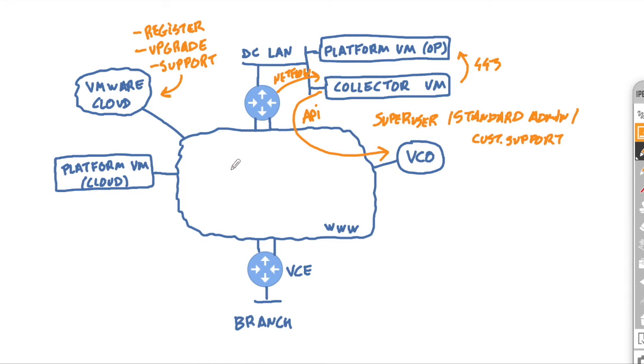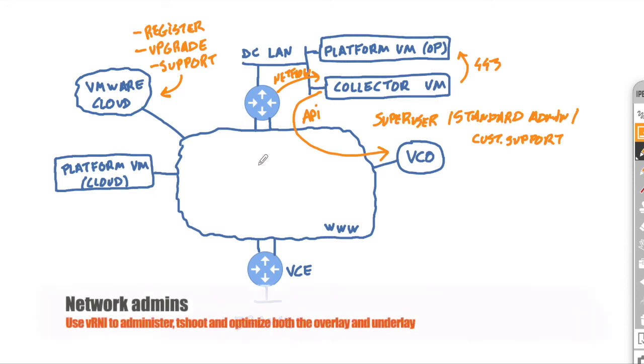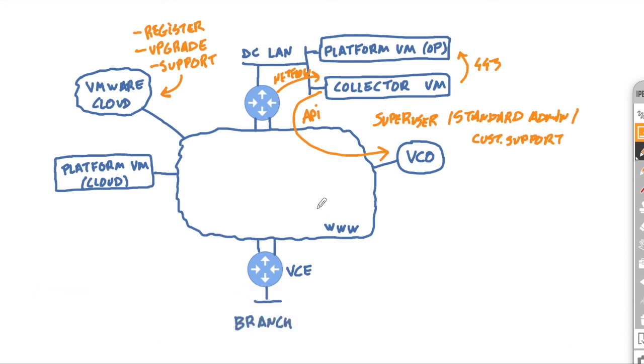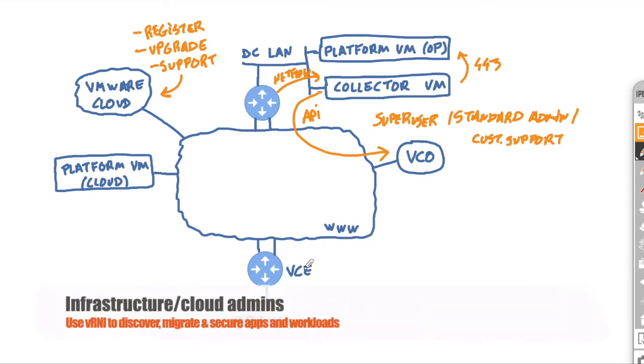So who actually benefits from vRNI? Well, the answer is a lot of people. You can talk to the network admin because what they're interested in is to understand the health of the underlays, the overlays, and have an easy tool that works across multiple vendors that allow them to troubleshoot and optimize. And then you have the infrastructure or the cloud admin.